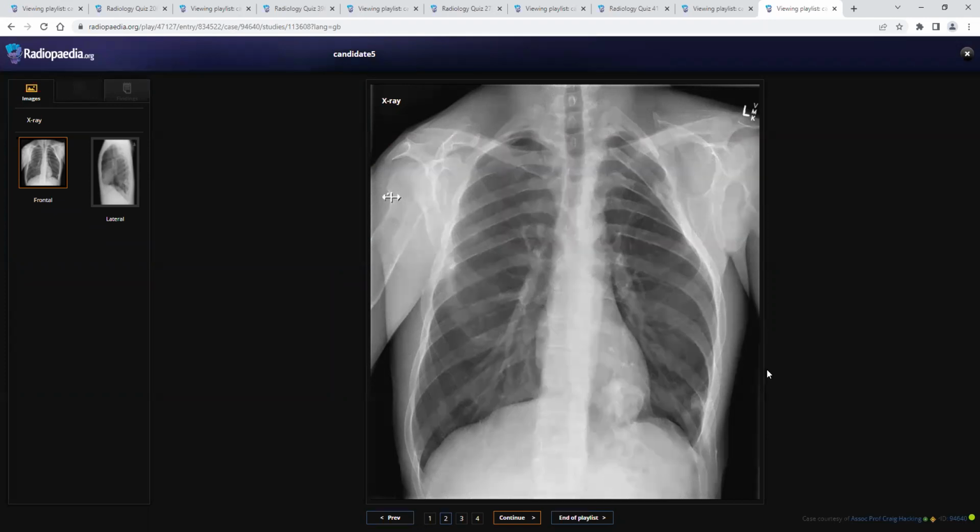I can also appreciate that there is an opacity in the retrocardiac region just above the left hemidiaphragm, which possibly appears calcified. Apart from that, there are further opacities projected over the left lower hemithorax, which are possibly related to the associated ribs.